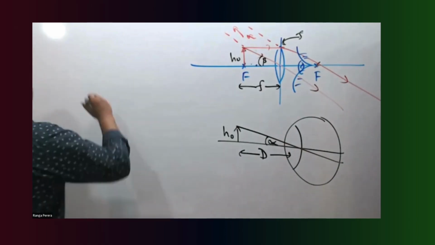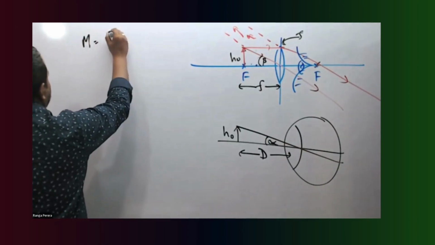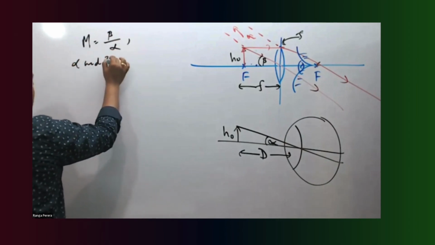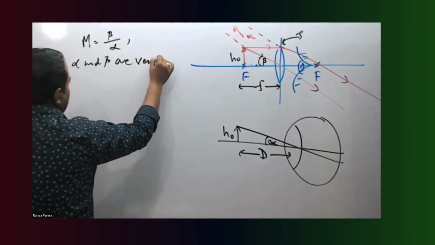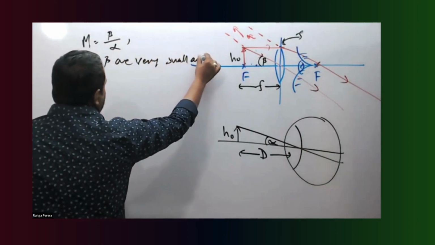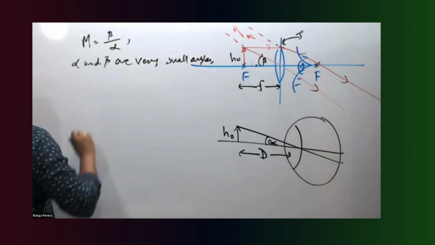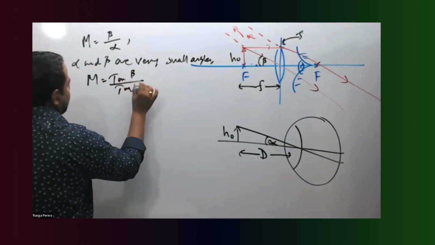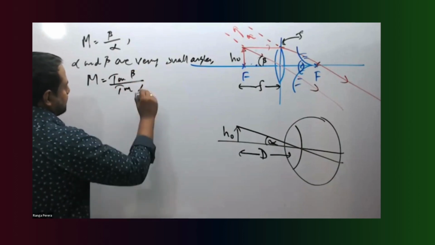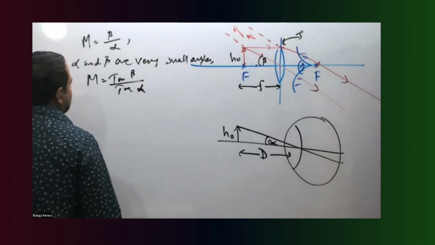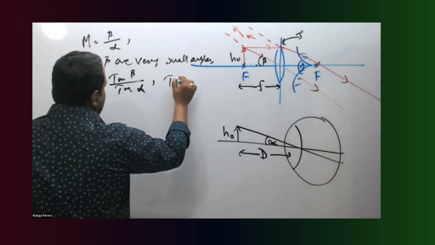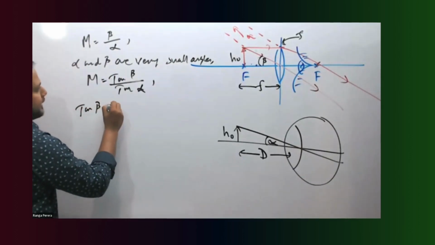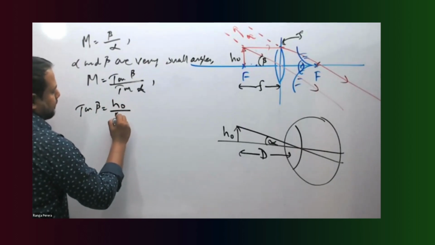Now we will go with the definition. Capital M equals beta over alpha. Don't forget, alpha and beta are very small angles. Capital M equals tan beta over tan alpha. Tan beta is equal to h naught over f.